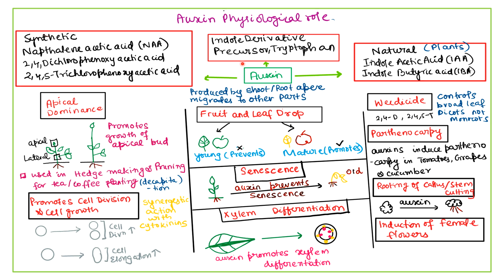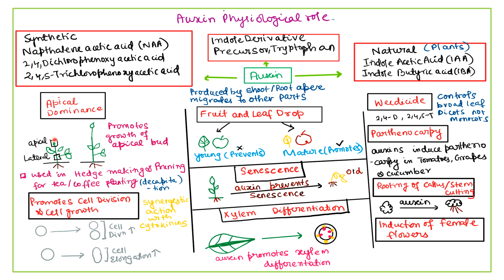So next is, where is this auxin found? This auxin is produced by shoot and the root apex, and it migrates to the other parts where it shows the physiological response. And what are the types of the physiological response shown by auxin? The first one is apical dominance. Apical means, see, if you consider a plant, so we have two types of bud.